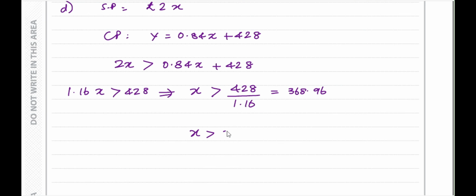As x should be greater than 368.96, x should be 369. That's the minimum number of bars to make profit for the factory for the day. Let's write bars.